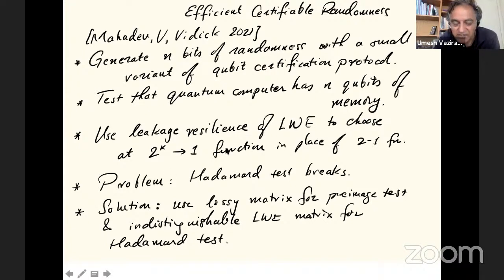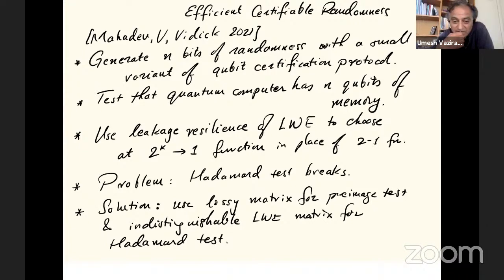Now the idea is that if you're using a 2^k to 1 function, the honest prover is going to end up with a superposition over 2^k pre-images, which means that you potentially get k bits of randomness out of this.